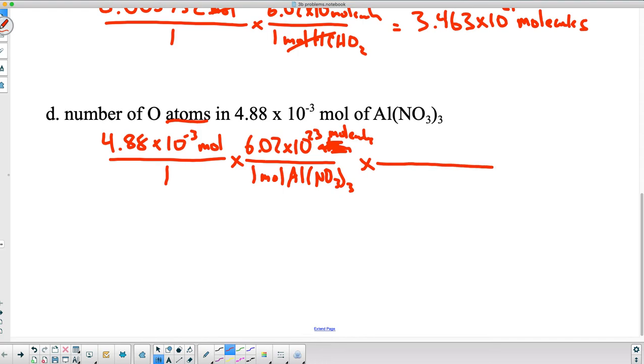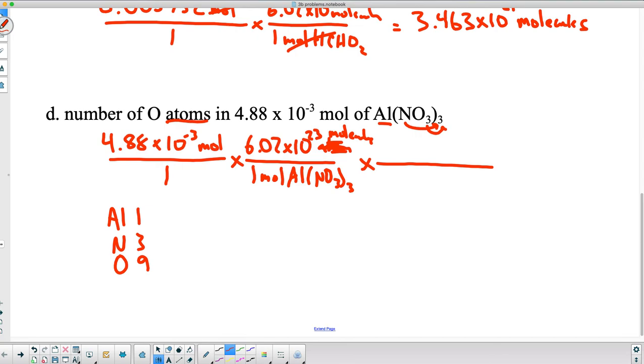This one's pretty easy. Here's why I say it's pretty easy. For aluminum nitrate, I have Al, N, and O. I have 1 N, 3 nitrogens, okay? So I'm taking a look at this. That's 1 N, and then 1 times 3 gives me 3 nitrogens, and the oxygen is 3 times 3, which gives me 9 oxygens.